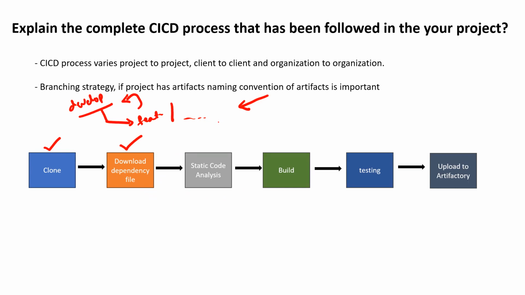Embedded projects are usually developed using C and C++, and we applied static code analysis on them using tools like Clang-Tidy. If it is successful, only then we move ahead. If any stage fails, we stop the pipeline there and comment on the PR saying that this particular stage has failed.